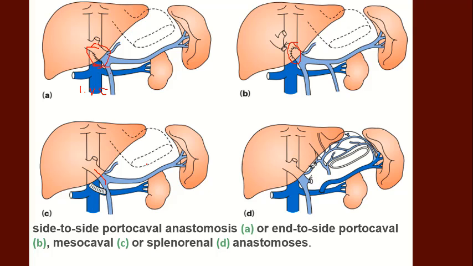The operative approach is similar to that for side-to-side portocaval shunt, except that an interposition graft must be placed between the portal vein and inferior vena cava.